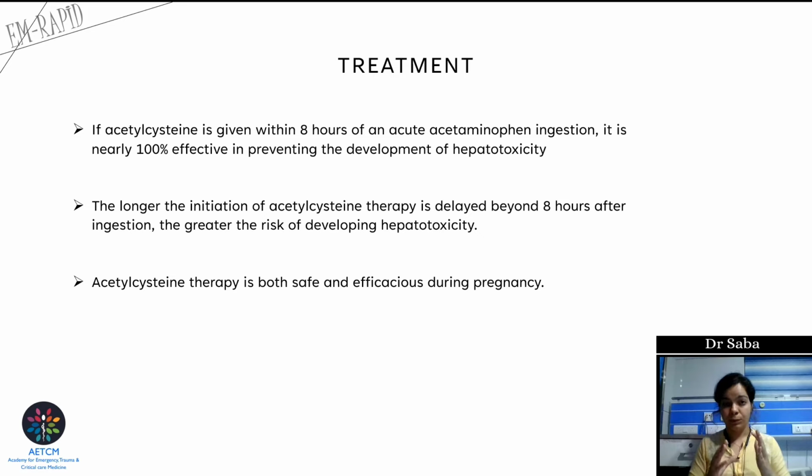The point to be noted here is that it is both safe and efficacious during pregnancy. So without further delay, N-acetylcysteine administration has to be done.